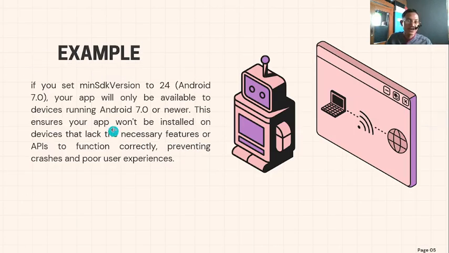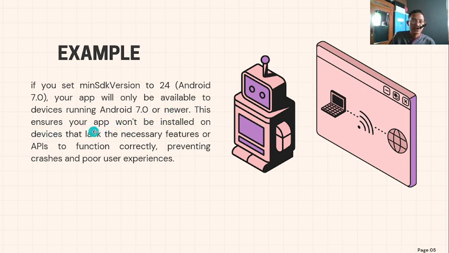Then we have an example here sir. If you set min SDK version to 24, Android 7, yung version 24 po sir is Android 7 po. Your app will only be able to run on devices running Android 7.0 or newer.